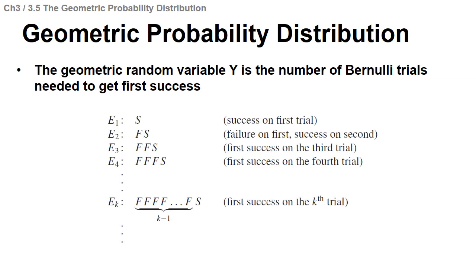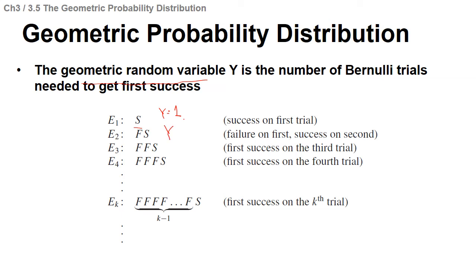Okay, what would be the situation of this? Let's think about events of Bernoulli trials. E1 would be success on the first trial. Here the geometric random variable is the number of Bernoulli trials needed to get the first success, so here Y equals 1. What about E2?